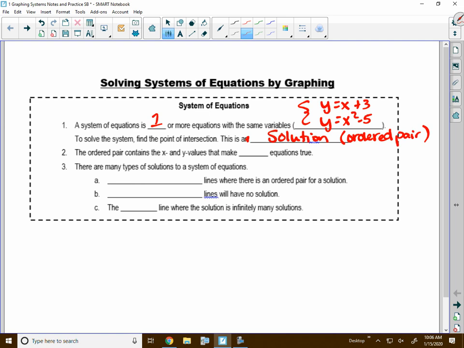It'll be a coordinate point for where they cross. Where two graphs cross or intersect means that the ordered pair contains the x and y values that make both equations true, or all of them, because sometimes we have more than two.